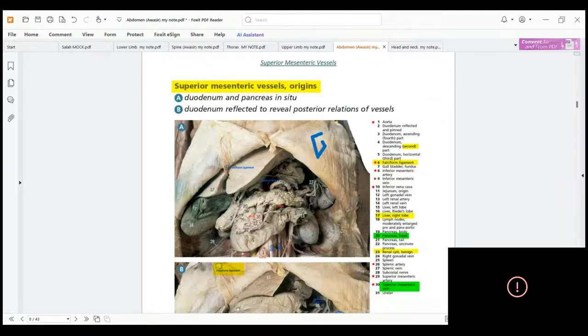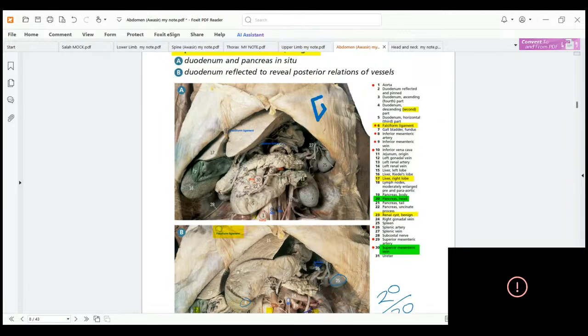Okay, this picture. Number 6. 6 is falciform ligament. 1 here is aorta.